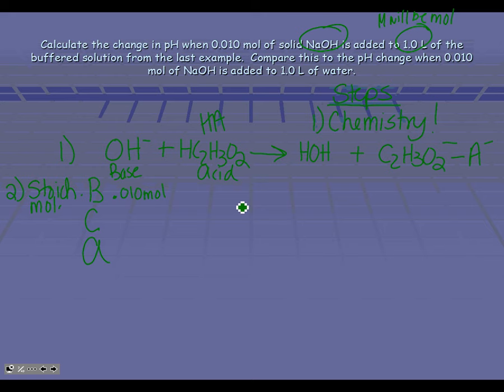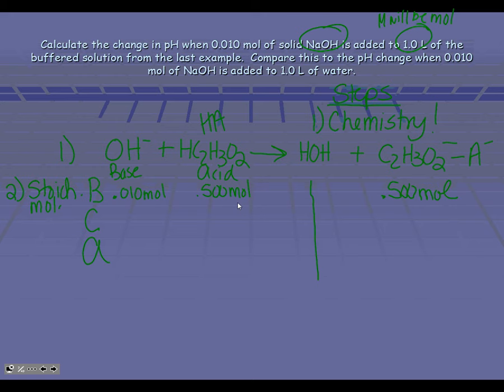From our previous problem, the acetic acid was 0.50 molar, so that's going to be 0.50 moles because it's 1 liter of it. Remember, just like in our last chapter, we don't care about water, so we can put a line straight through that. Now we're adding this to a buffer, so we've got that common ion. From the sodium acetate in the previous problem, we've got acetate in here. It was also 0.50 molar, so we'll make this 0.50 moles.